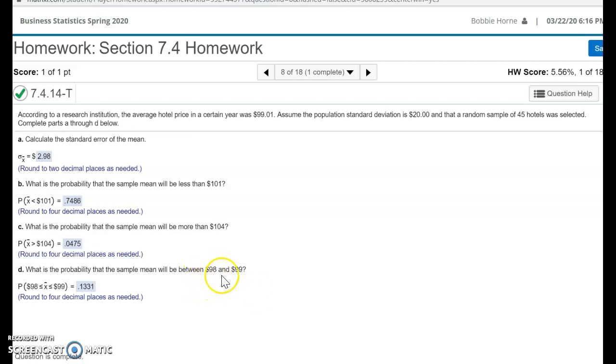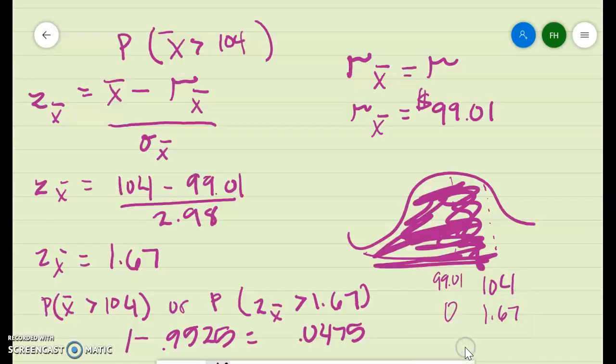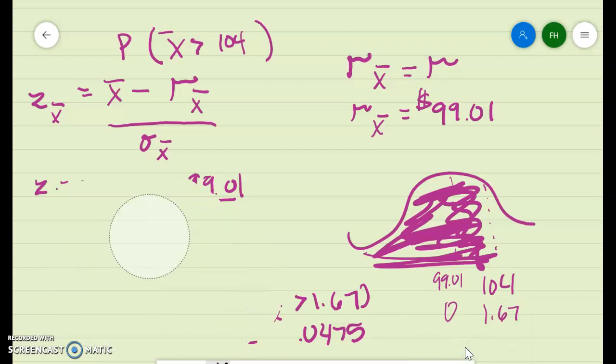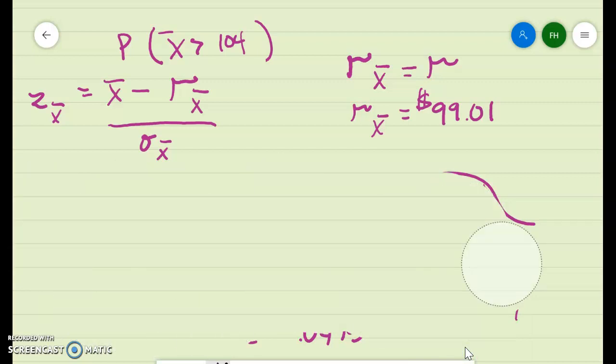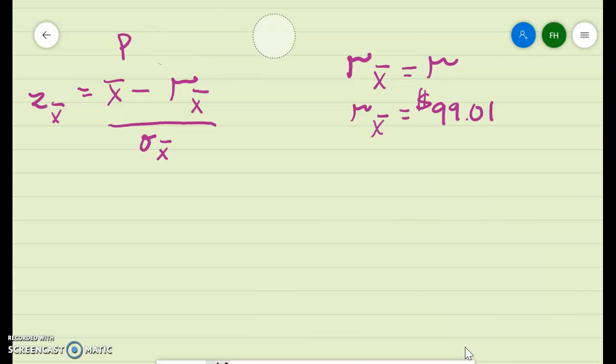Remember, when we're finding the probability in between, we find the probability of both of these, and we take the largest probability and subtract out the smallest. So let's do our z-score, and this time we're going to have 2 z-scores to work with, because we want the probability that x is in between 98 and 99.